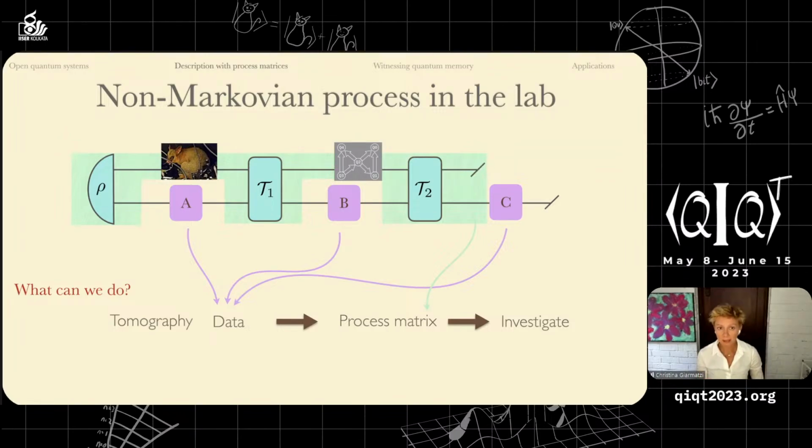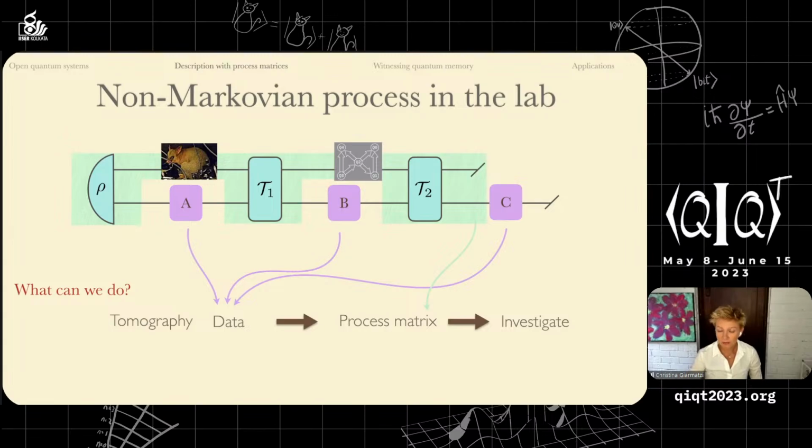But the ideal thing to do when you have non-Markovian noise in the lab is to inject measurement stations, obtain the process matrix, and then you have the full information. Then you can find different measures and different types of non-Markovian noise through the process matrix. Once you have that, you're done. You have all the information that there is to have.